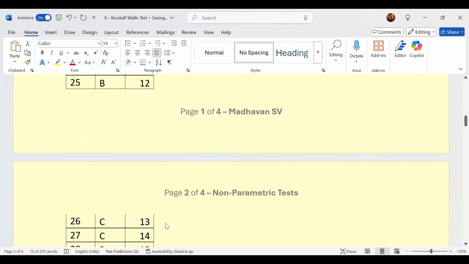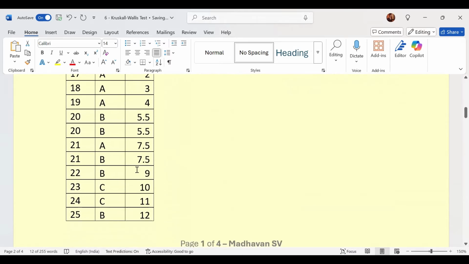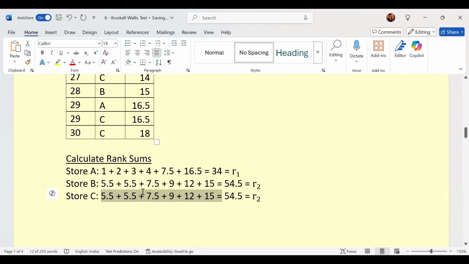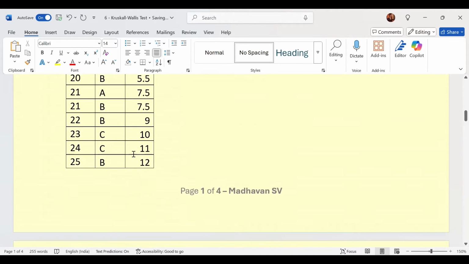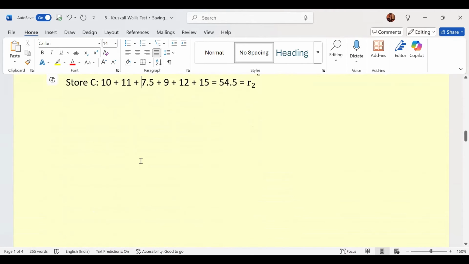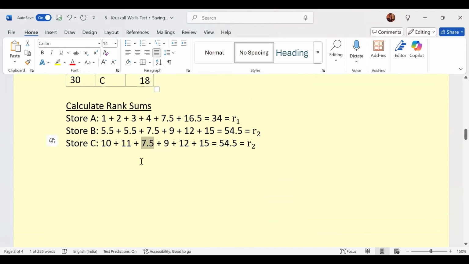Let me do that. Store C. We have 10 plus 11. So this will be now 10. This will be now 11. Then 13 and 14. So third one, I will change it to 13. Fourth one, I'll change it to 14.